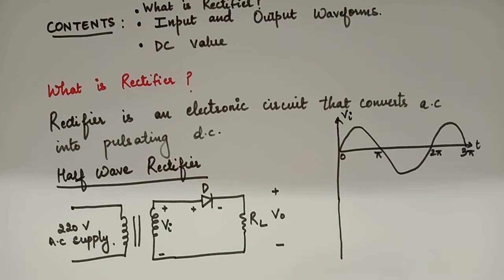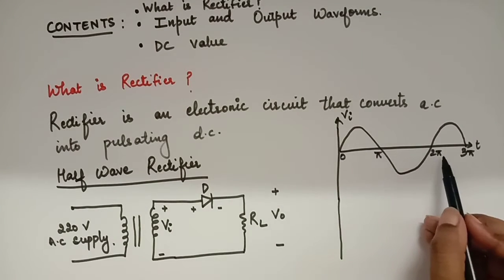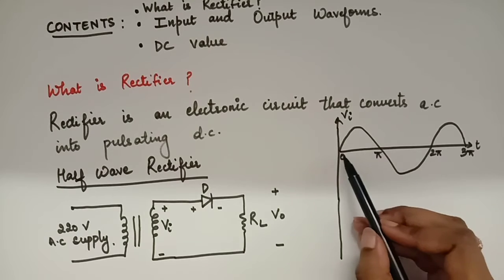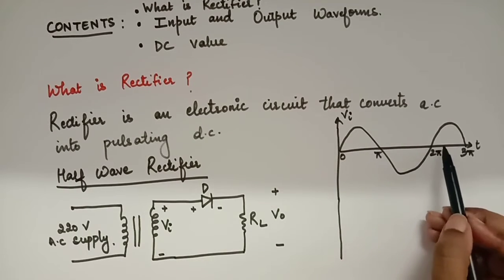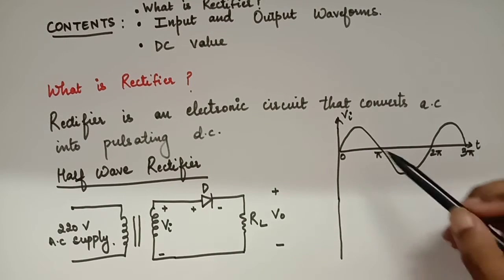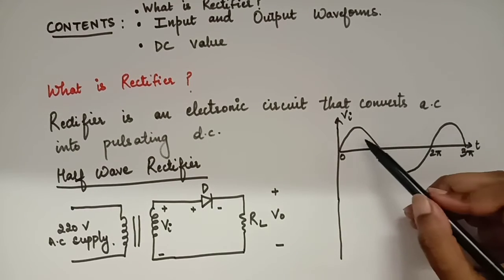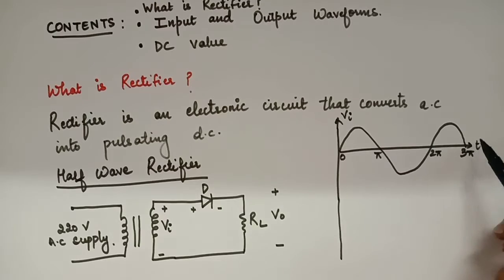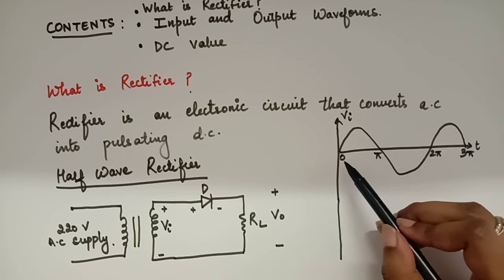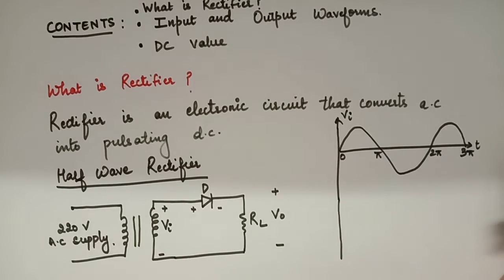One cycle corresponds to 2 pi because one cycle is that after which the signal starts repeating itself. So this is one cycle, and after this the signal has started repeating again. Therefore one cycle is from 0 to 2 pi in this case.